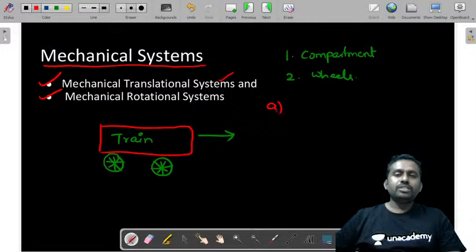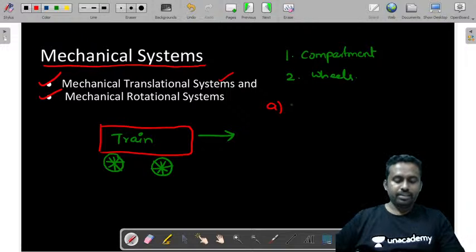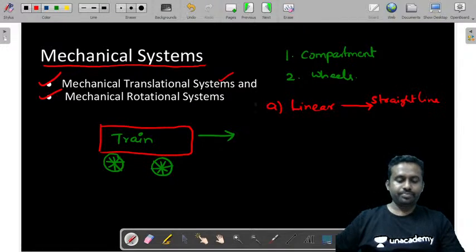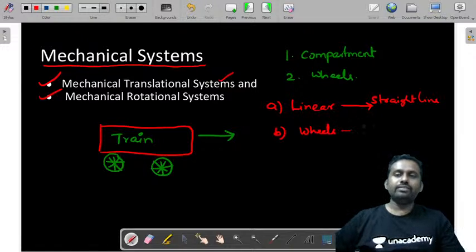Now if I ask you about the movement of the compartment, it is moving in a linear fashion, in a straight line. And if you look at the wheels, they rotate. That means they are in rotational motion.